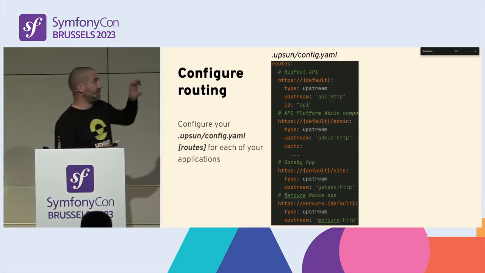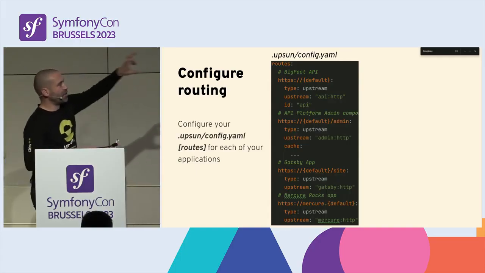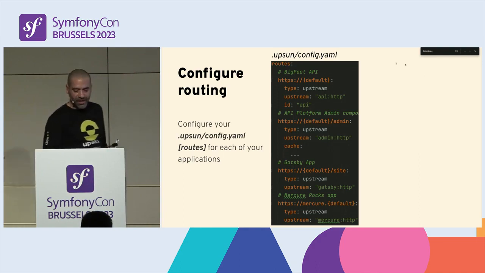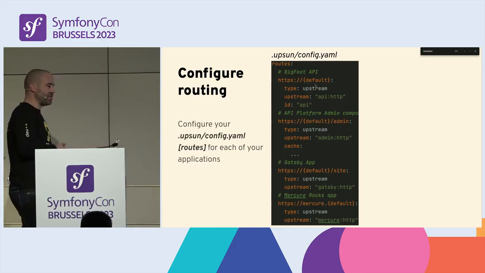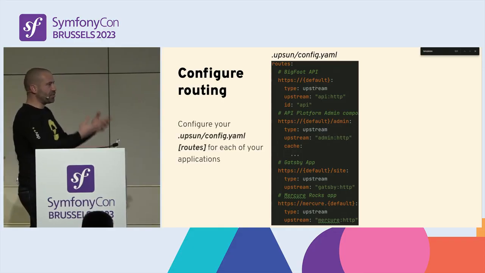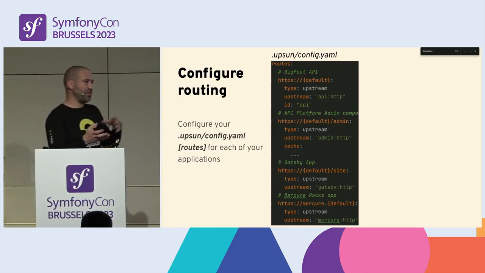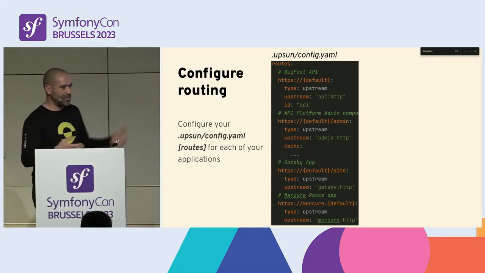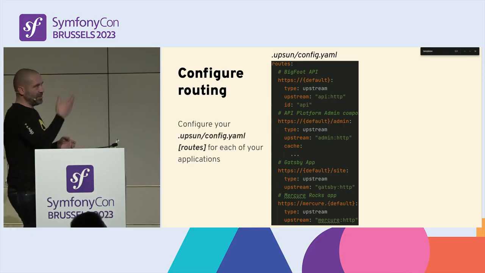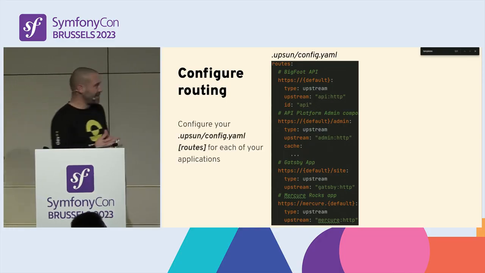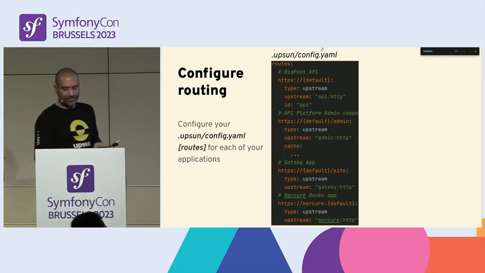To configure routing, it's really simple. You will have below the root one block per application. And we use default because, as you saw, on the production environment, you will maybe plug your domain, but we will automatically generate some custom URL for each of the environments. And so it will be replacing the default value.